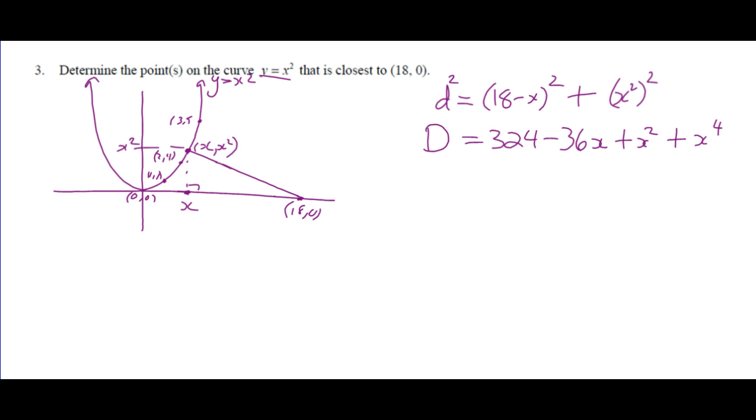Okay, so let's rewrite that in a nicer order, in other words, descending powers of x. So I think we could do d prime, and then the second derivative, d prime prime, because that's easy to do. It's just a polynomial, so first and second derivative will be very straightforward.